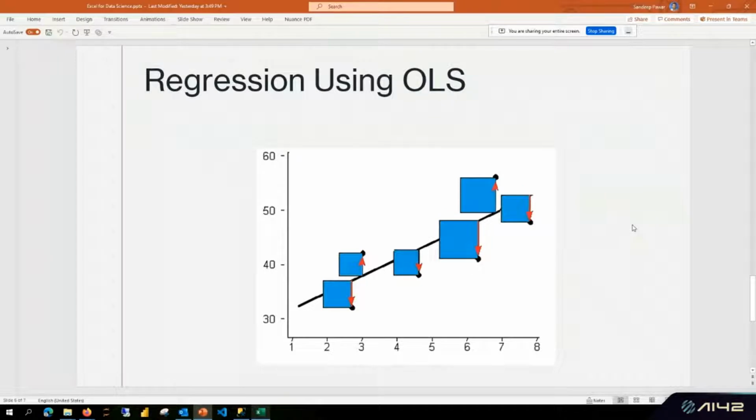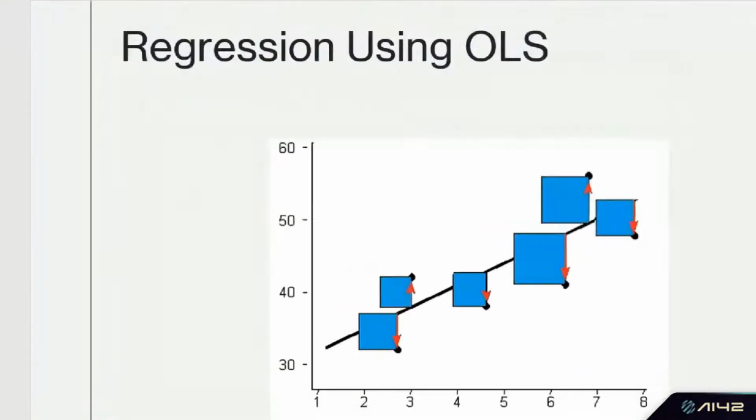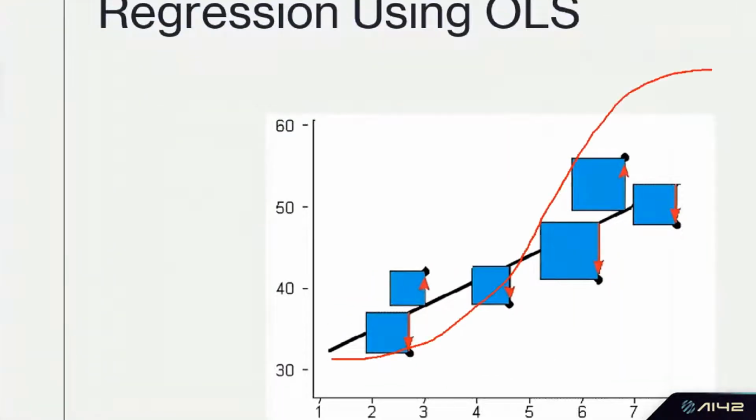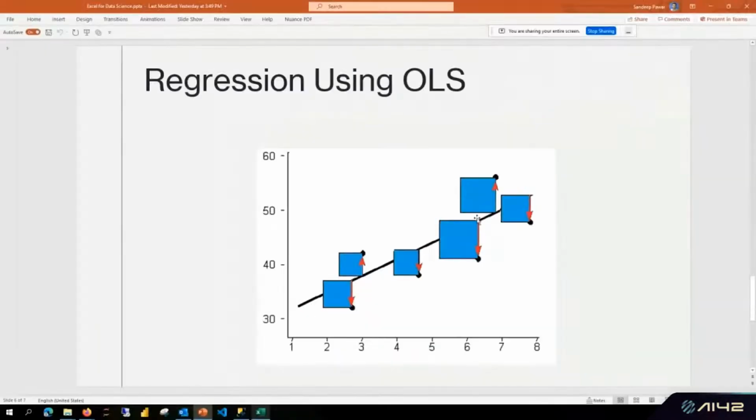There are other ways to do that, like maximum likelihood, but this is the most common way of doing linear regression analysis. If your data is non-linear, meaning if the data was something like this, then the linear analysis won't work because we're still going to fit a line to that. We're only concerned about linear regression in this case.